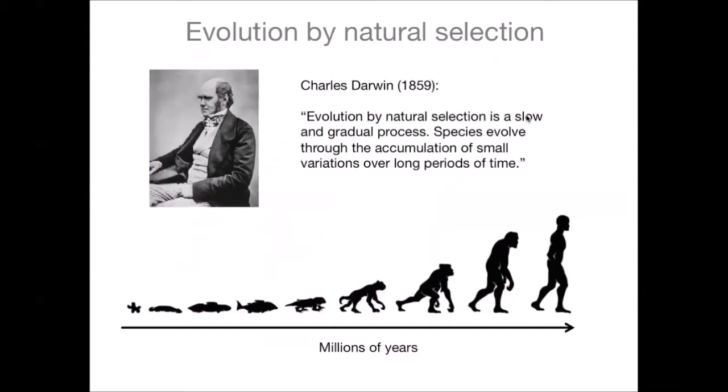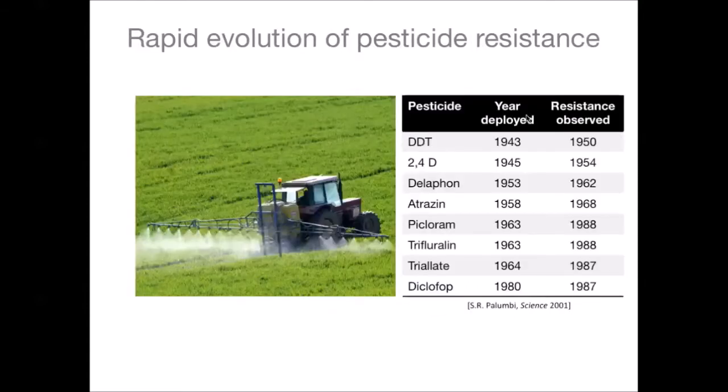So this is an age-old question, and in the 1800s, Charles Darwin thought that evolution by natural selection is a slow and gradual process. Species evolve through the accumulation of small variations over long periods of time. So Darwin thought that evolution can be very slow. But then if we take a look at contemporary examples of evolution, we can see that it's actually very rapid.